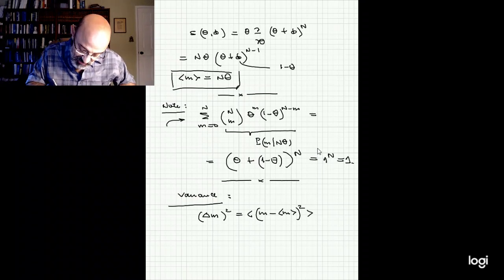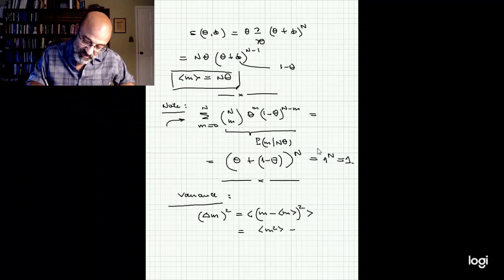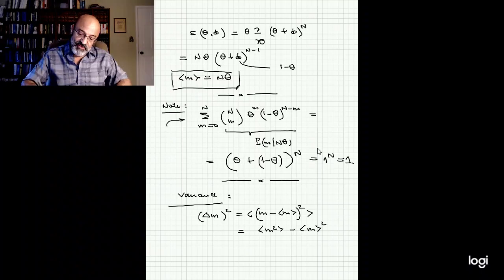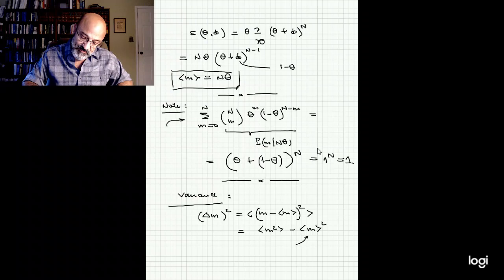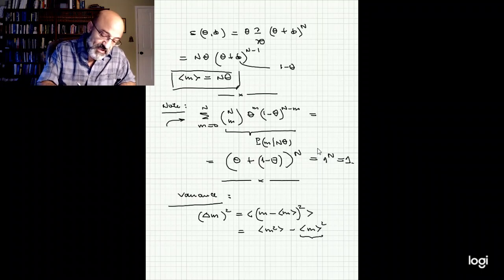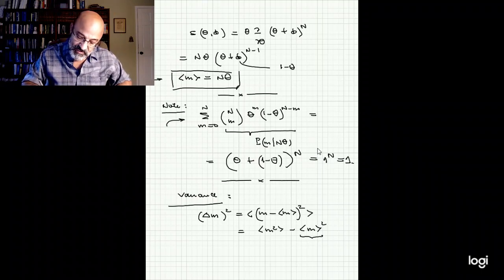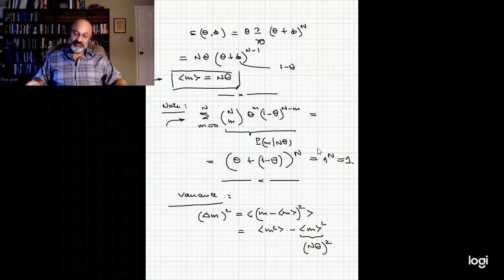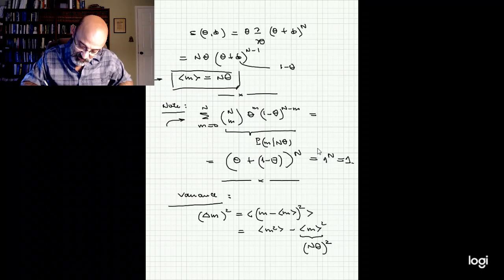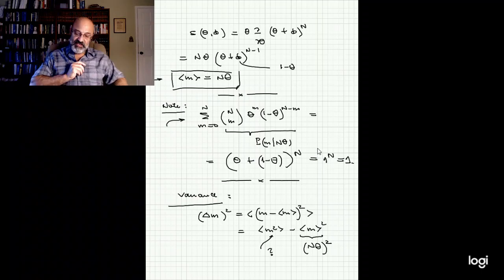We're going to write this in the following form. It is a homework problem to figure out that this is equivalent. We already know this piece, it's what we have up there. This is going to be n theta squared.